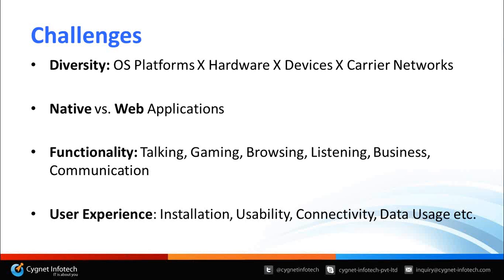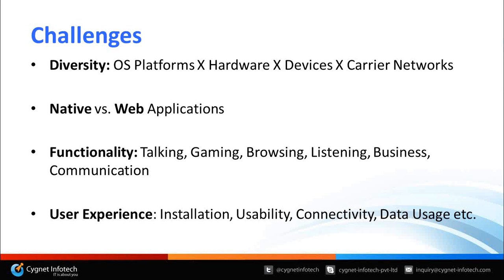When you look globally, in different parts of the world, people are using different carrier networks based on different technologies like GSM technology, CDMA technology, based on different speeds like 2G data network or 3G connection, even in some cases LTE or 4G connection. So we have to account for all these challenges.